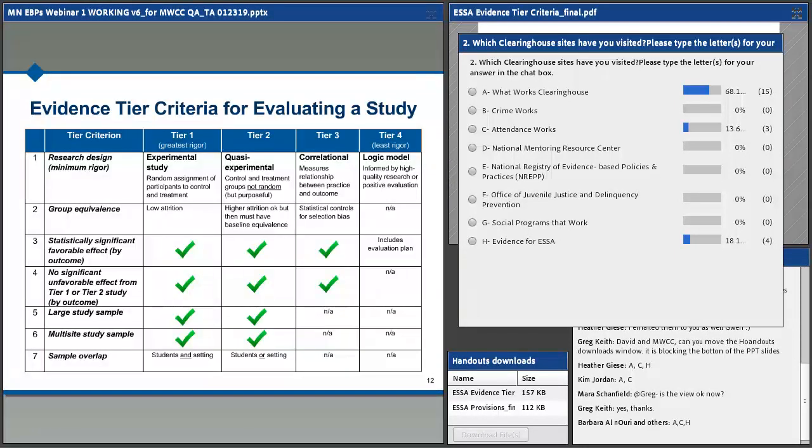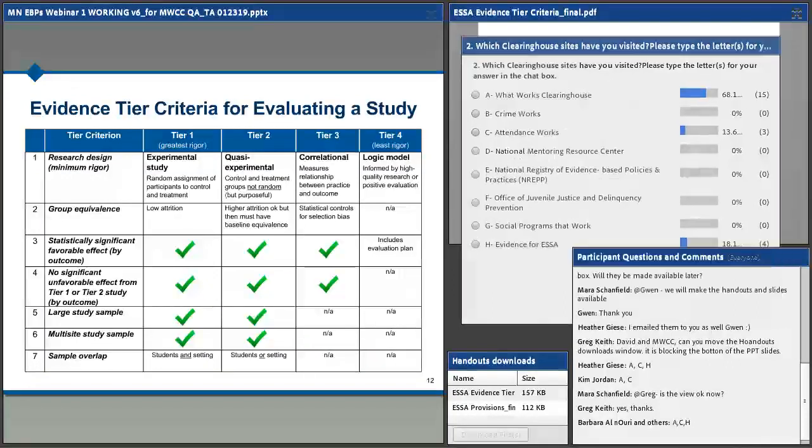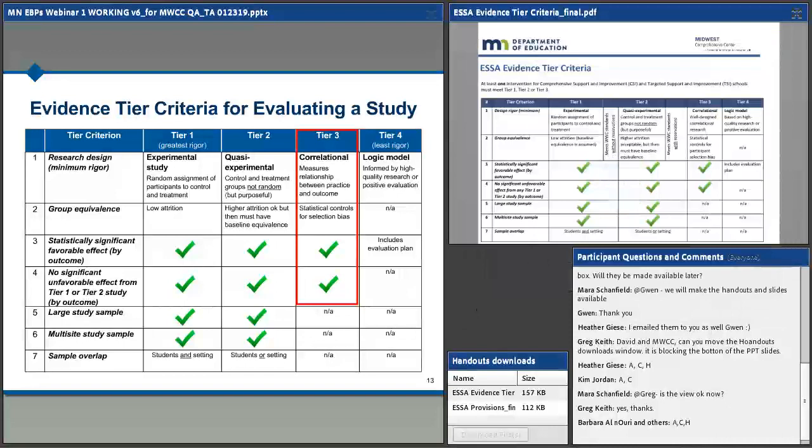All right, so let's get into the actual tiers now. So again, this is the master table of criteria around the evidence, and today we're going to be focusing on tier 3.